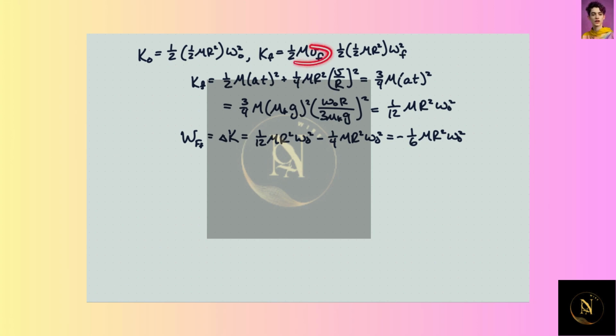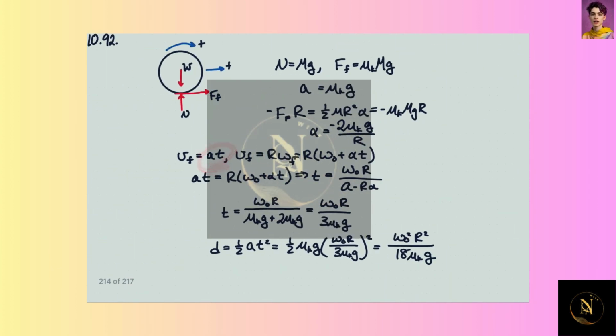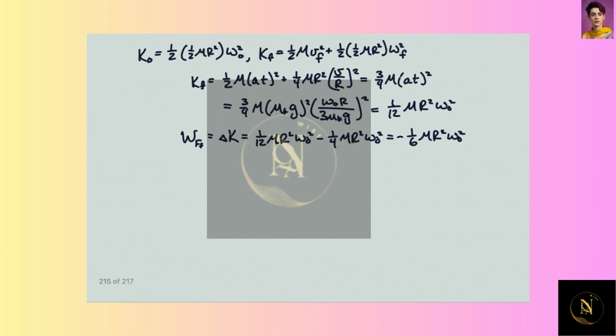So then we have translational and rotational kinetic energy in that state. Now this thing we know is A times T, and omega F is just VF all over R. And doing some algebra, we get that KF is 3/4 MAT squared, if we plug in AT here and add these up.